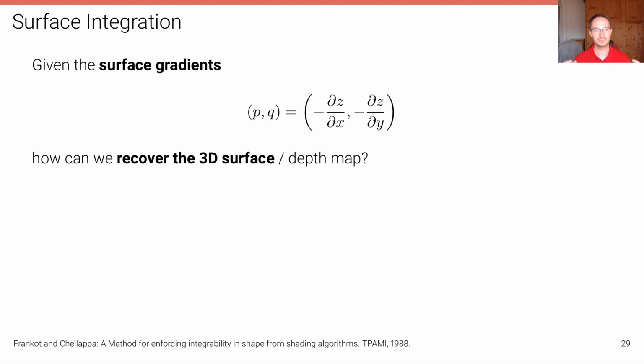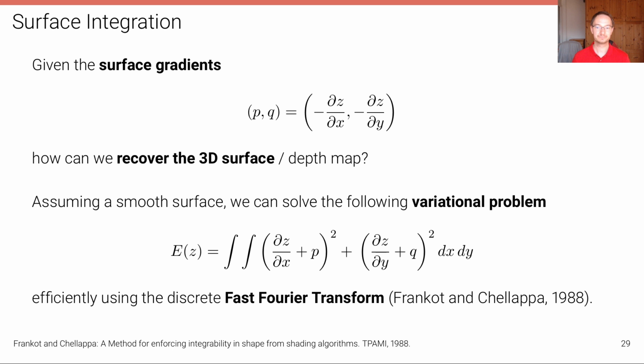Remember that the normal map or the gradients, how we represent them, here example in the P and Q space, which we can of course obtain again from the F and G space, is simply the surface gradients. So we have the gradients of the surface that we're actually interested in. We don't have directly the surface, we have only access to the gradients. Now, how can we recover the 3D surface or the depth map from these gradients?